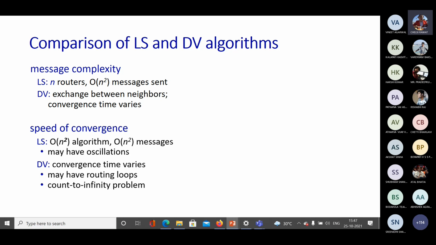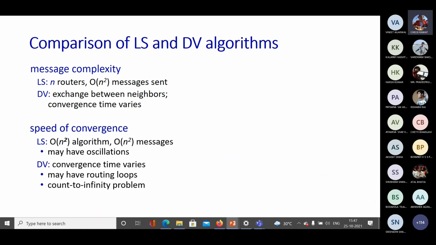So what's the speed of convergence in case of LS and DV, that is link state and distance vector? For link state, you have O of n square. And of course, as we know when we were using Dijkstra, you can actually make it O of n log n. Anyways, the message complexity is of course O of n square.